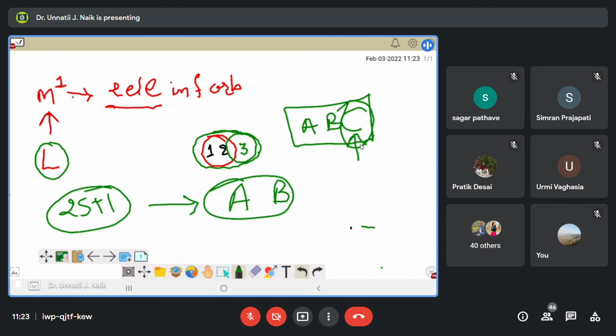Now, as we have discussed, in the presence of ligand the inter-electron repulsion decreases, and according to that we can arrange different ligands that affect the repulsion, and that is known as the nephelauxetic series, or the cloud expanding effect.